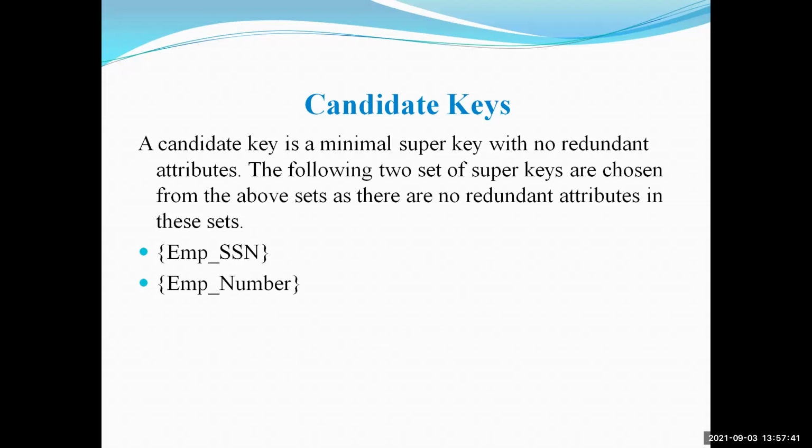Now this is a minimal super key, a candidate key with no redundant attributes, and the following two sets of super keys are chosen from the above set. There are no redundant attributes in these sets. So a candidate key is a combination of the different keys, super keys, available in the table.